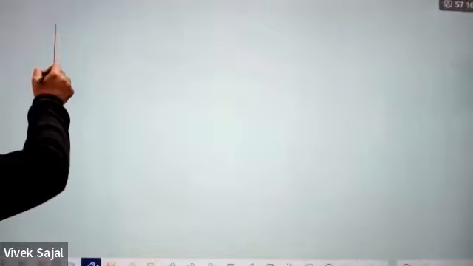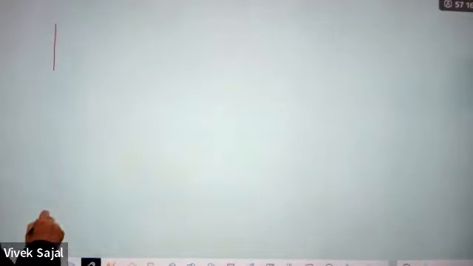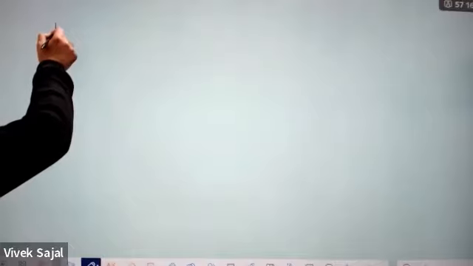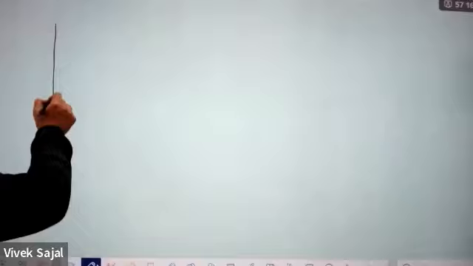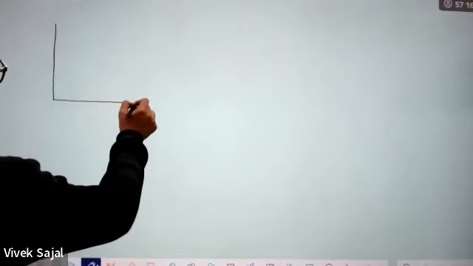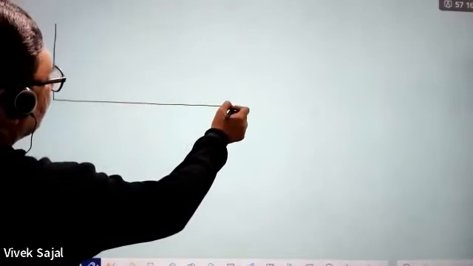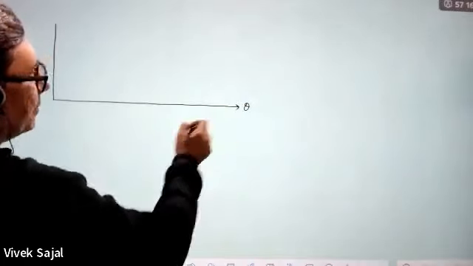Okay. So for a rotating polarizer, if you plot intensity, this is intensity as a function of theta.